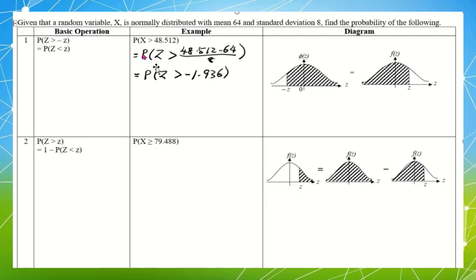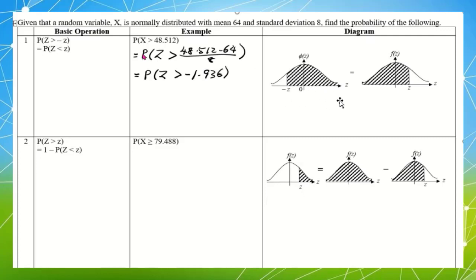So when I look at here, I notice that I'm not ready to use the table yet because here it is a negative value and this is greater than. So means now first thing I'm going to change the negative value into positive value. When we change negative into positive, the inequality will change.